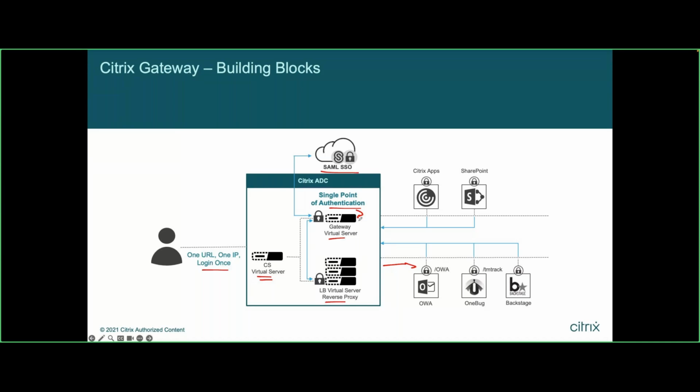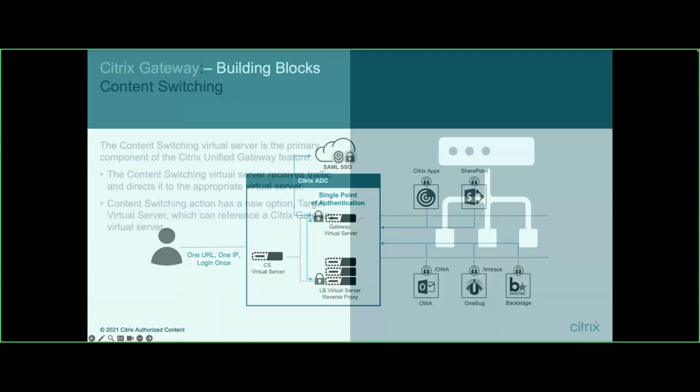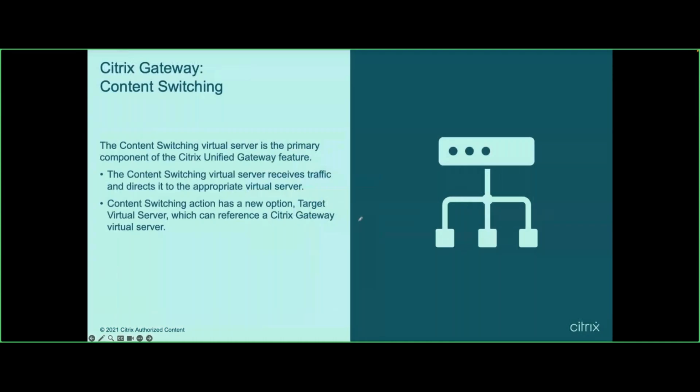So here my ADC can behave like an identity provider and a resource provider, and it can be an IdP device. And this is the content switching gateway, which is a feature that is required because that is the one that is going to receive the traffic and direct it internally to the appropriate virtual server, right?